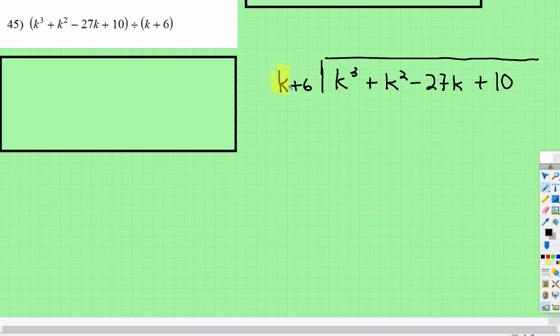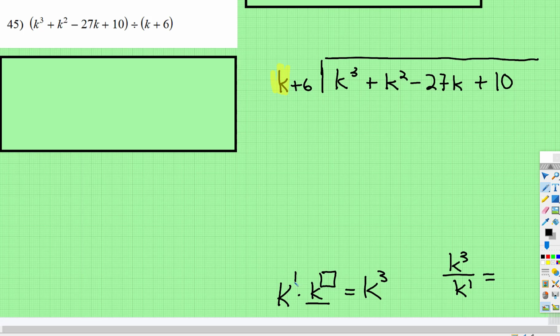So for example, k goes into k cubed, so k times k to the first times k to the what is equal to k cubed. Another way to think about that is k cubed divided by k to the first is equal to what?